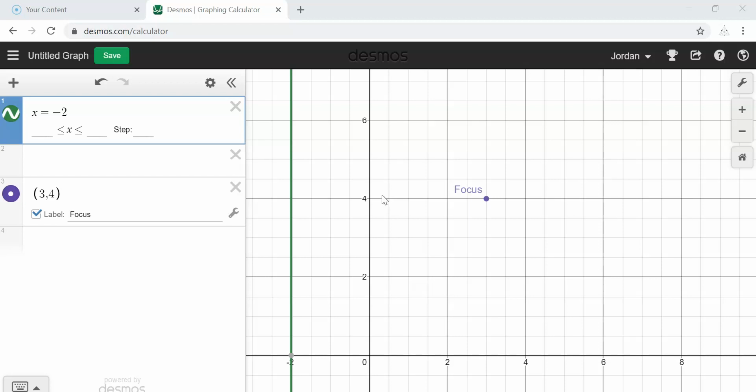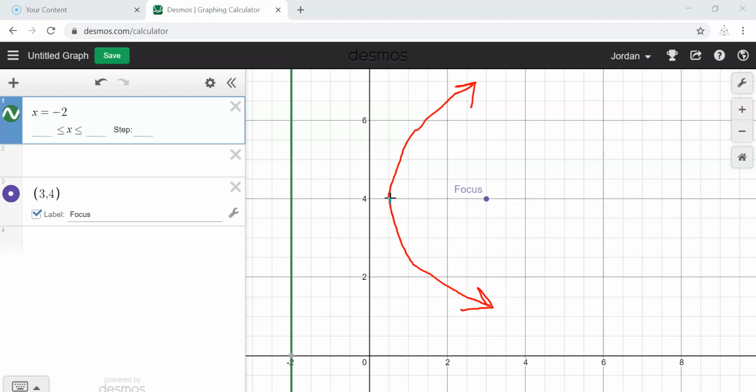The other thing is, because the directrix is on the left and the focus is on the right, that means when I go to graph this parabola, it's going to be pointing to the right, again because of the way the directrix and the focus are oriented towards each other.